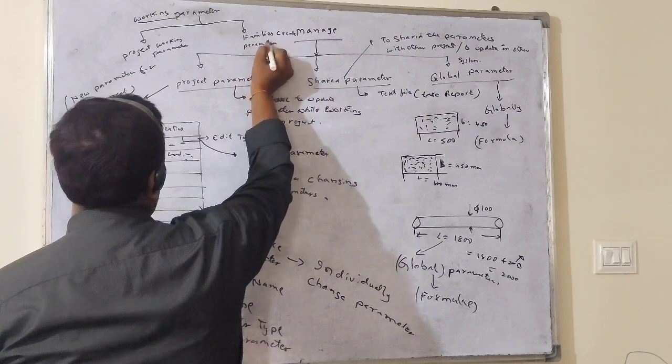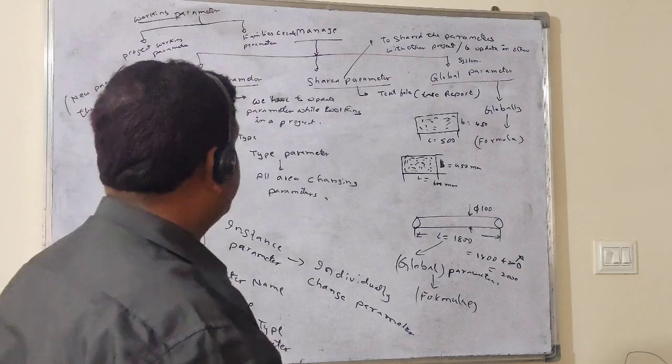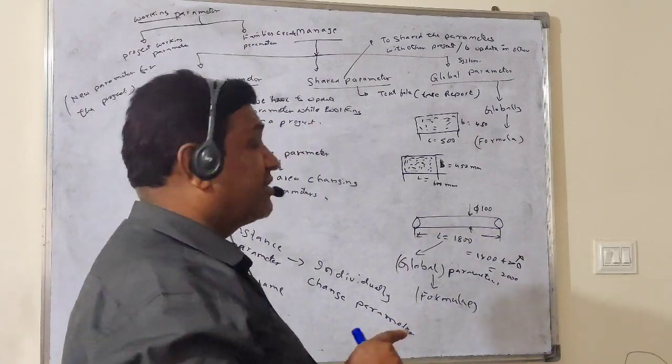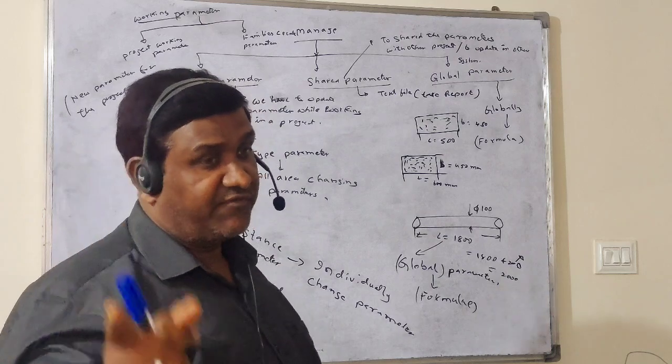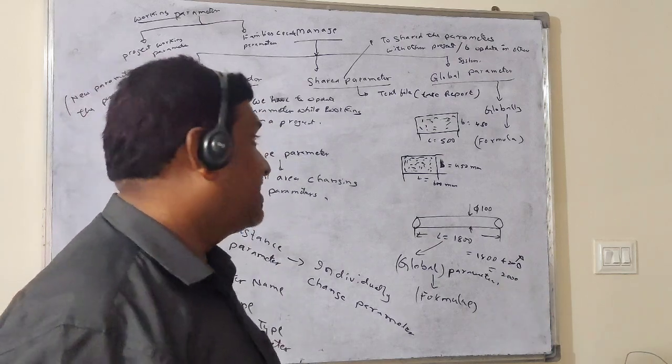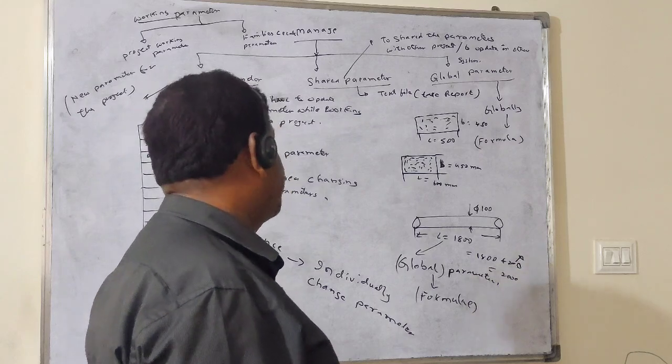When you are going to create a new family, that time also these parameters are required. So in working parameters we have two types: project working parameters and family working parameters.